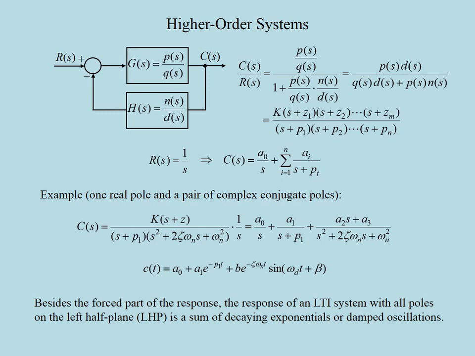The second term will be a decaying exponential if the pole minus p1 is negative. And if the real part of the complex conjugate poles is negative, zeta omega n will be positive, which means the last term will be a damped oscillation, which is going to die out to zero.